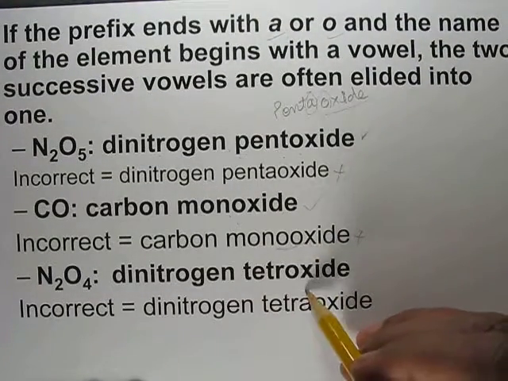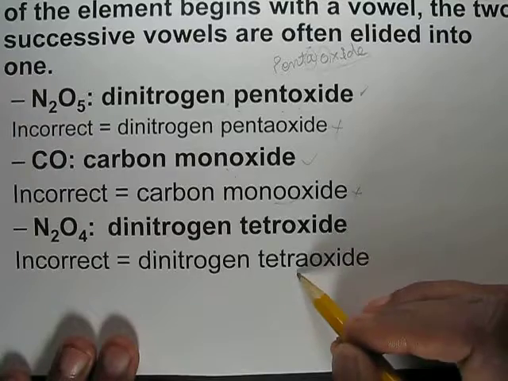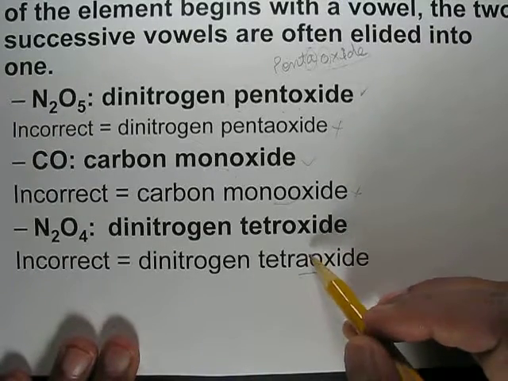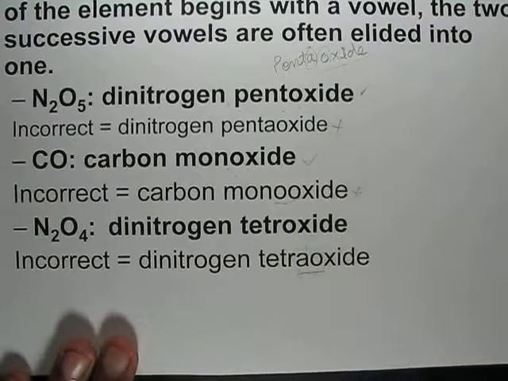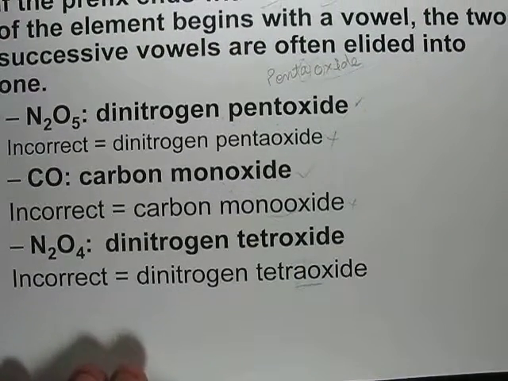Dinitrogen tetroxide is another example: we combine these two together, removing the a and placing only o.